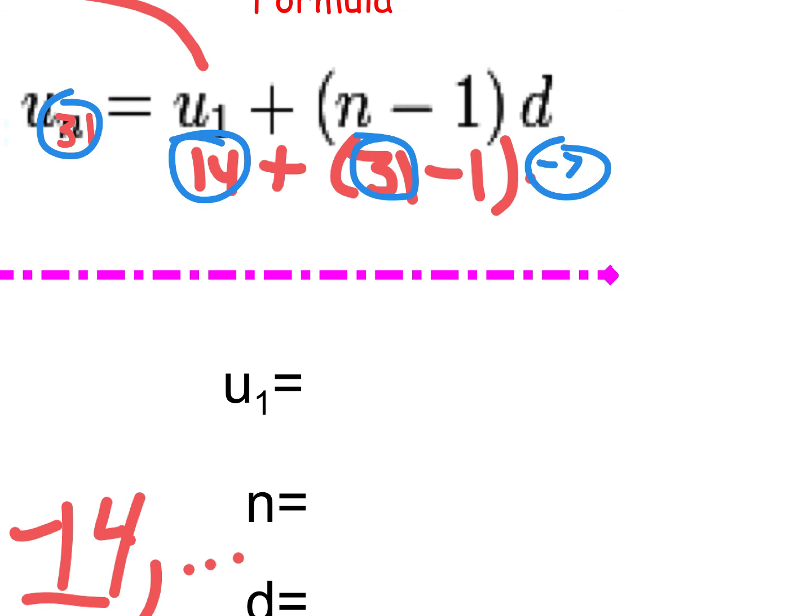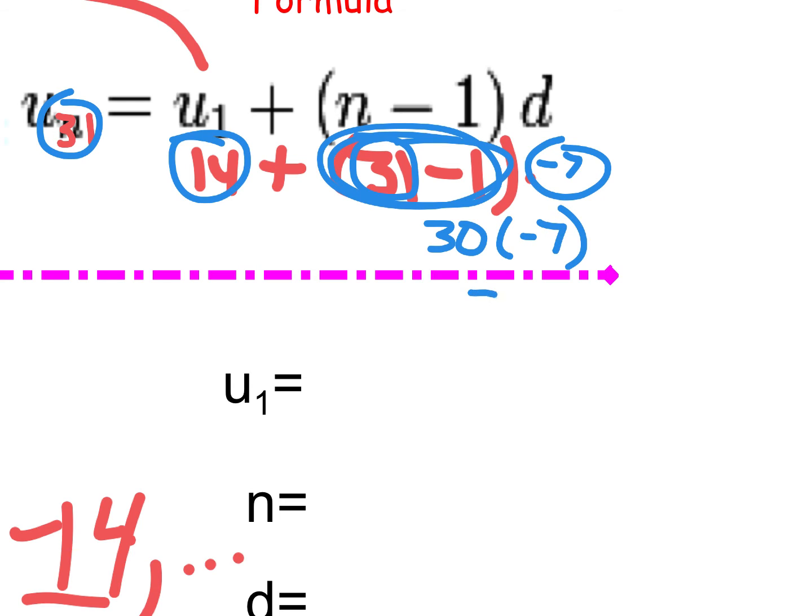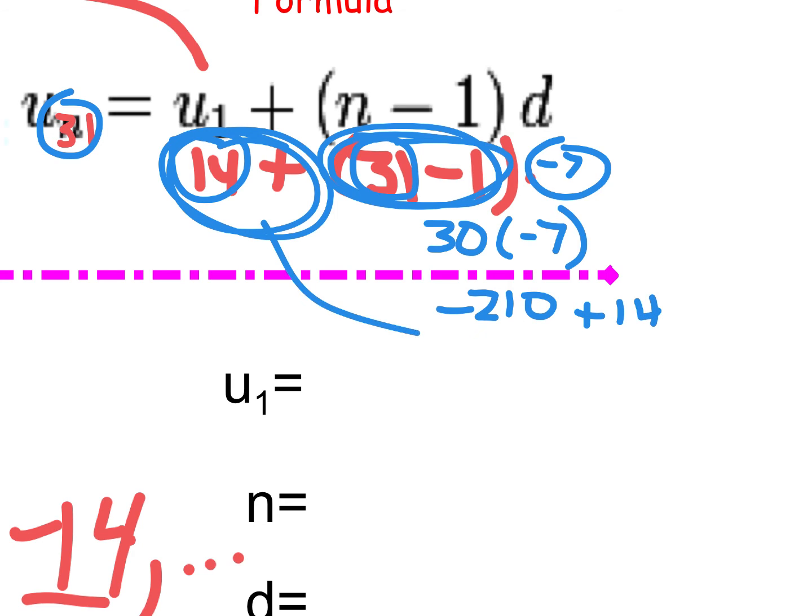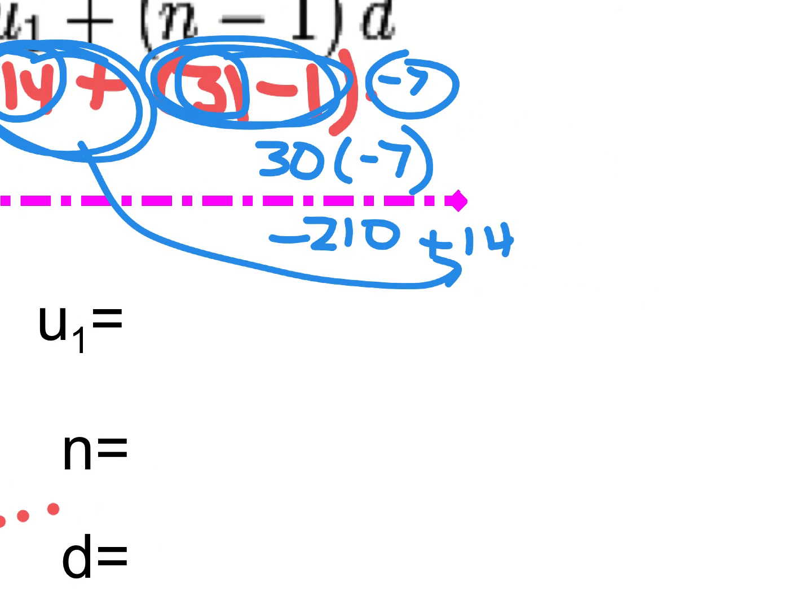Let's finish this off. What is 31 minus 1? It's 30 times negative 7. That's negative 210. And I still got to add 14 here. So I'm going to put the plus 14 at the end. And that gives me U sub 31, which is the 31st term. What's negative 210 plus 14? I don't know. What's negative 200 plus 4?